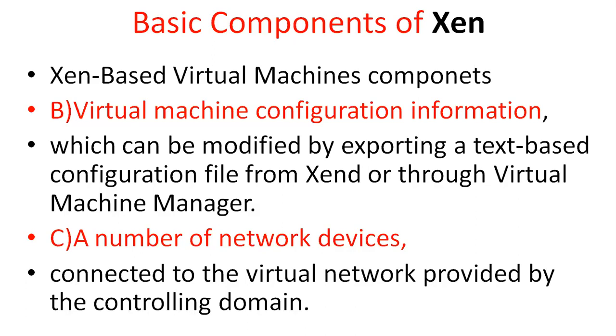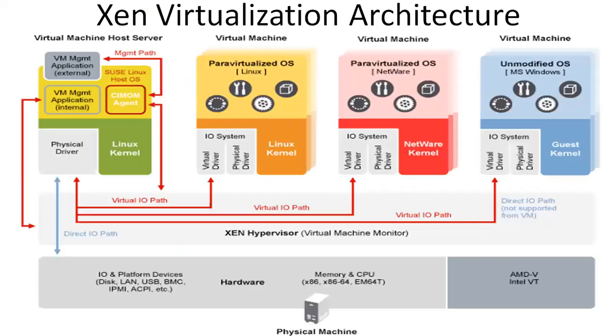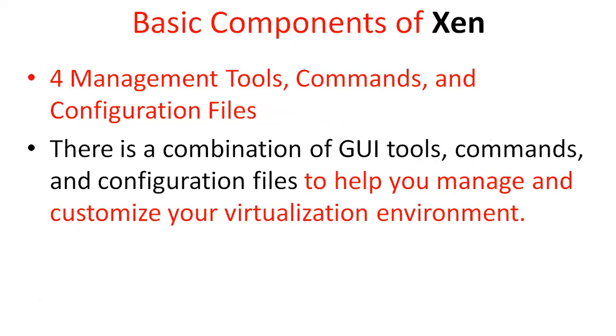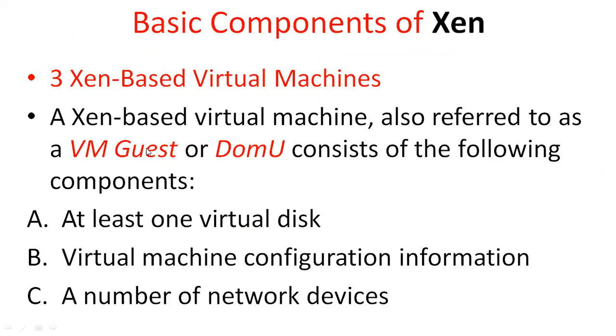And then coming to the fourth important component in this diagram, you will identify some tools. You will find these tools in the host server. Here, there are some applications as well as different tools in the host.